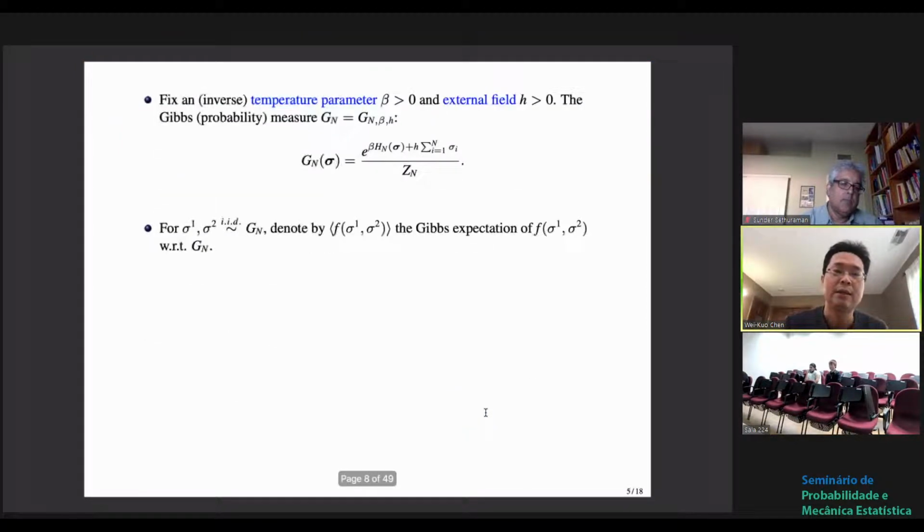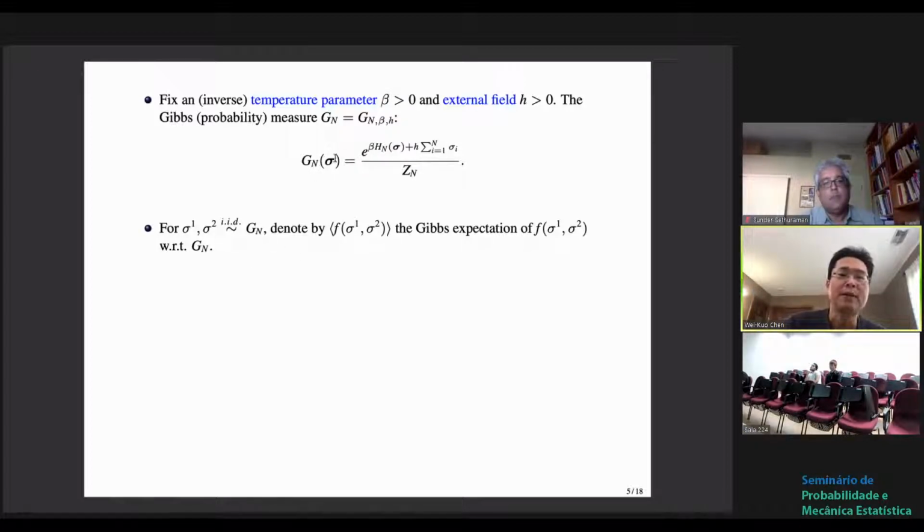All right. As usual, this is standard terminology. I'm going to define the Gibbs measure. For a given inverse temperature beta and external field h, the Gibbs measure is defined in the usual way. You have the Boltzmann weight, exponential of beta H, a linear interaction, and then you divide by Z_n, which is just a normalizing constant, the sum of the total weight, so that this becomes a probability measure.